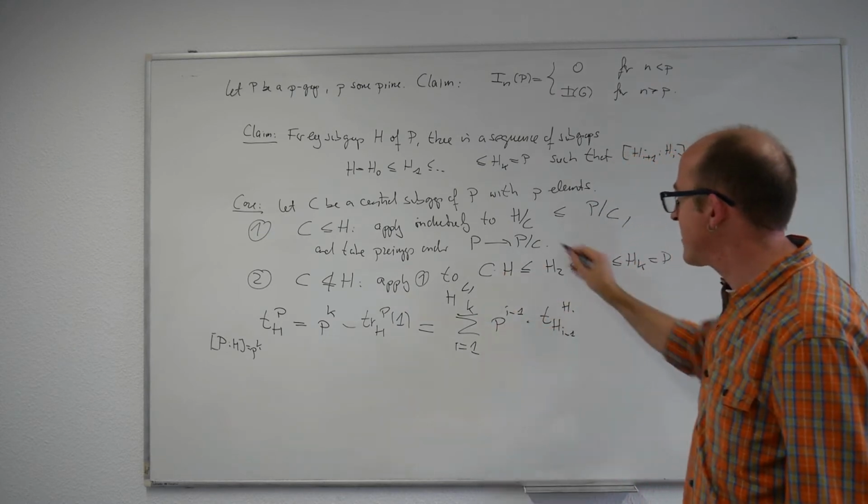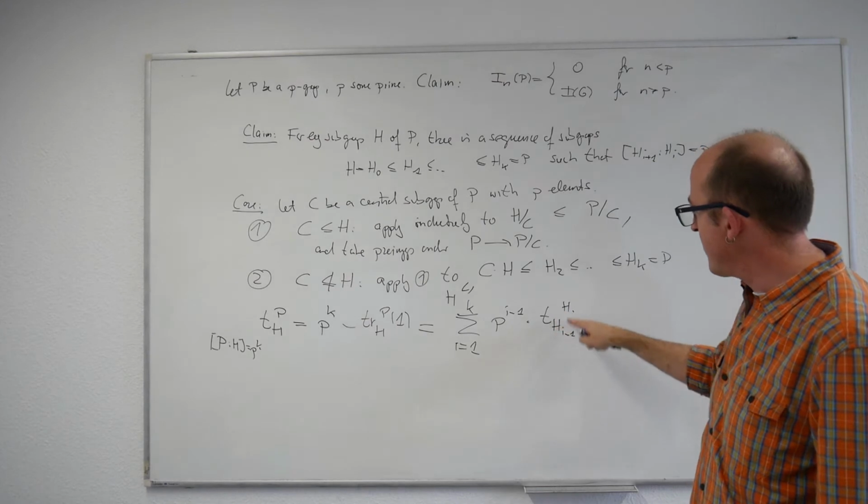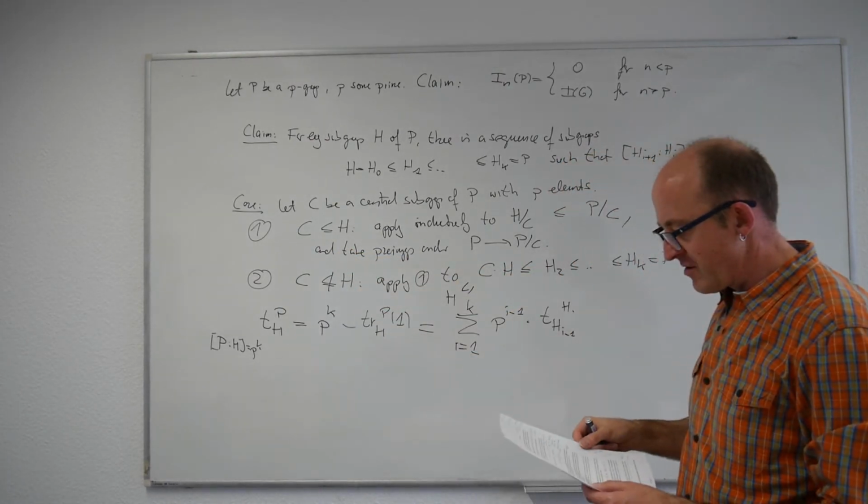So when I expand this sum, then exactly two adjacent terms will cancel out because the relative index is exactly P, and then the two extreme terms will be these two things.